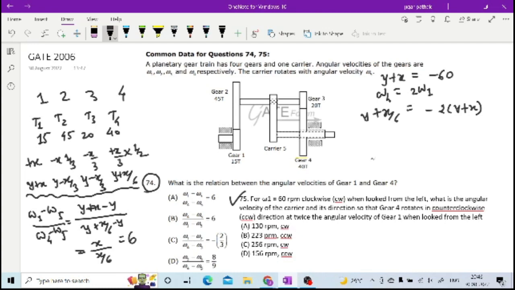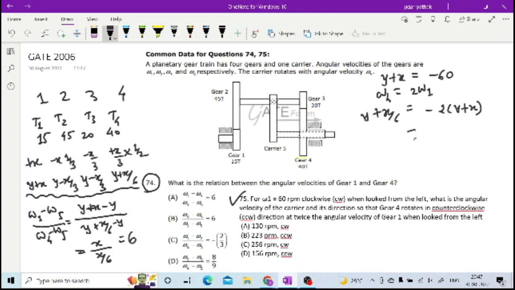So y plus x by 6 is equal to this minus 2x plus y.